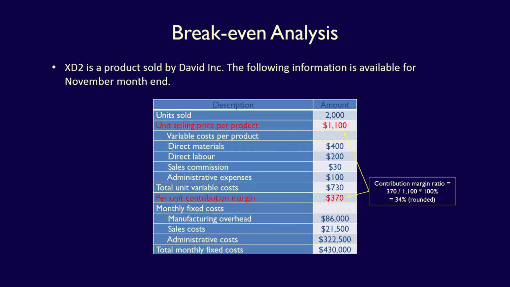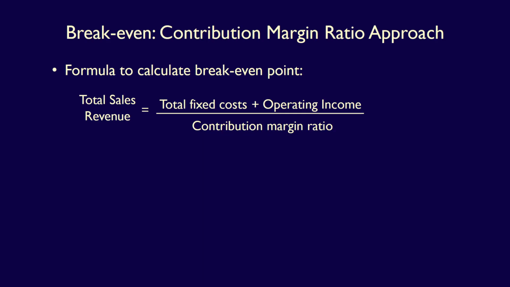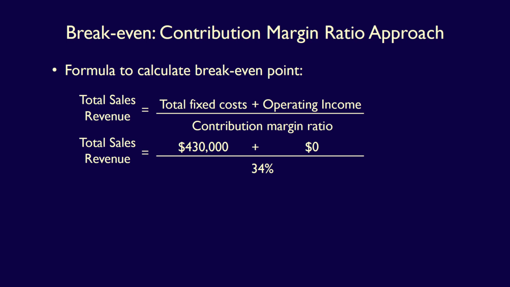But for simplicity's sake, we're simply going to use 34%. We can now apply that to our formula. Total sales revenue is equal to the total fixed costs plus the operating income, all divided by the contribution margin ratio. Total sales revenue is equal to $430,000 plus 0, all divided by 34%.